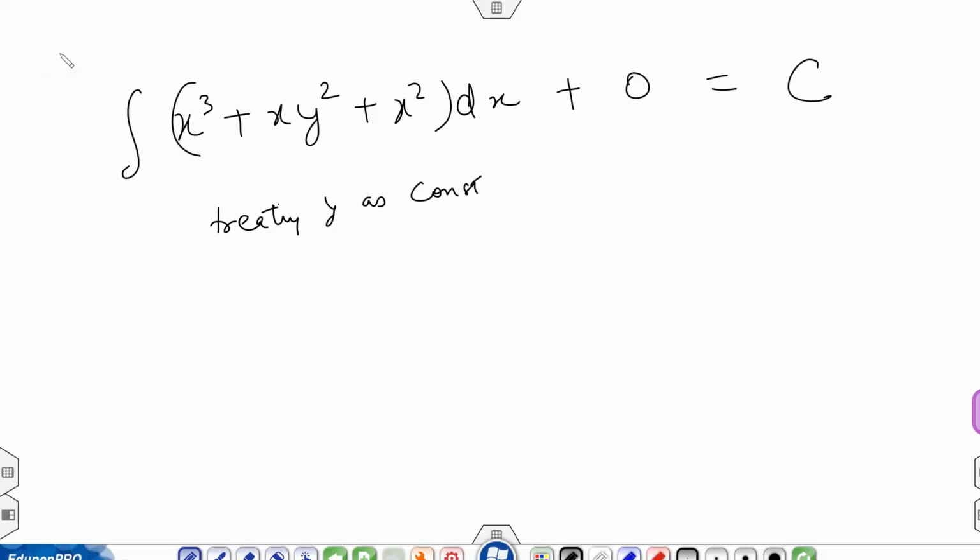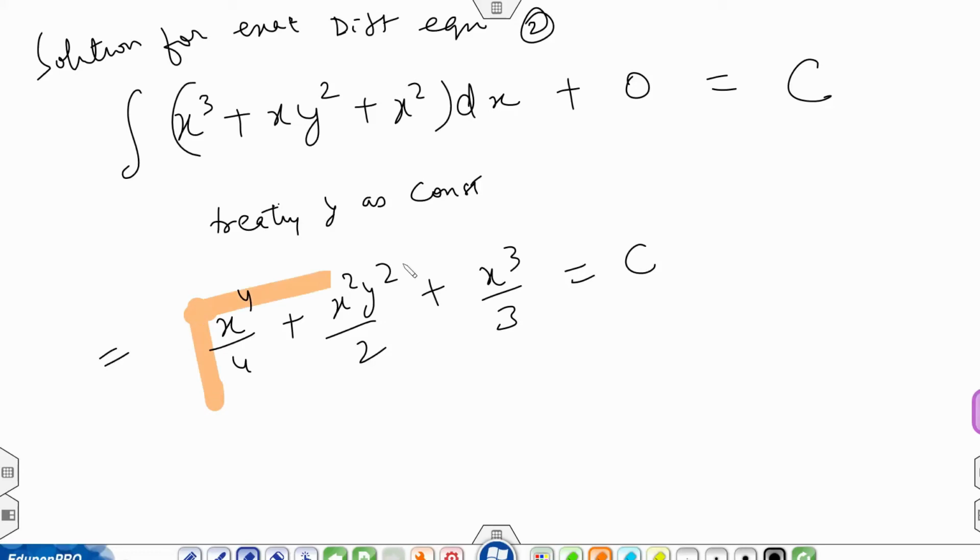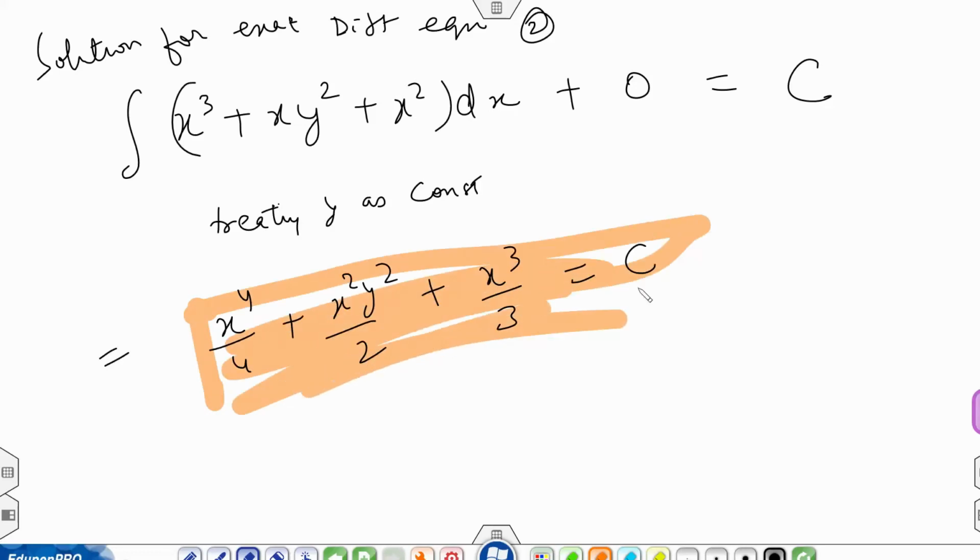So this is the solution for an exact equation. So now you can see that if you integrate, you are getting x to the power 4 by 4, x square y square by 2, x cube by 3 equal to some constant. So this will be your solution for the given differential equation.